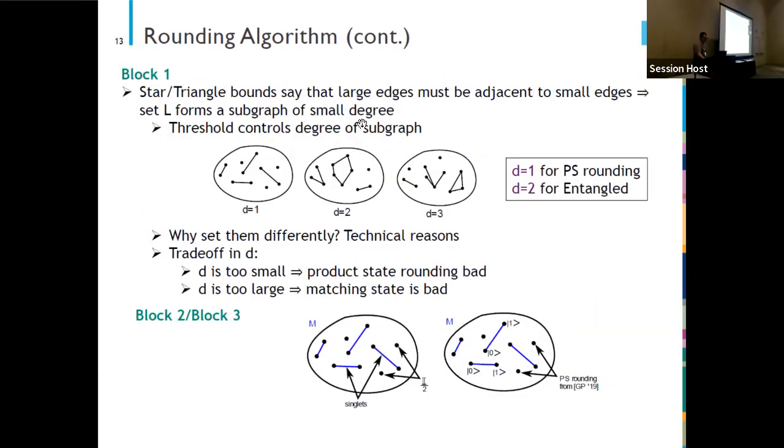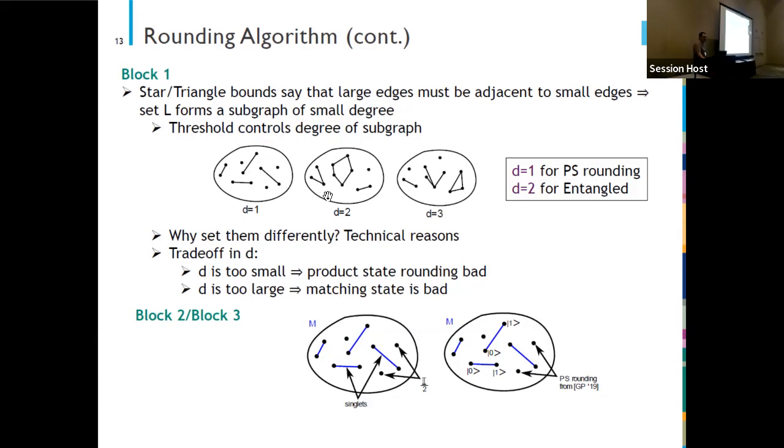Okay, so why do I need different blocks? Well, one's a product state and one's an entangled state. But really, the threshold sets the degree of the graph L you get out. If the threshold is very high, then large edges would be adjacent to no edges. You'd get a degree 1 graph in L just by the bound.